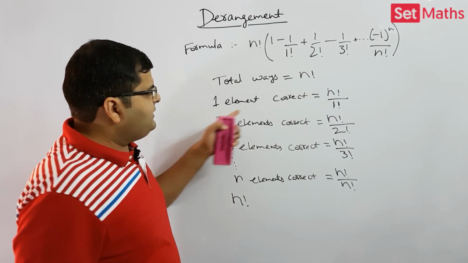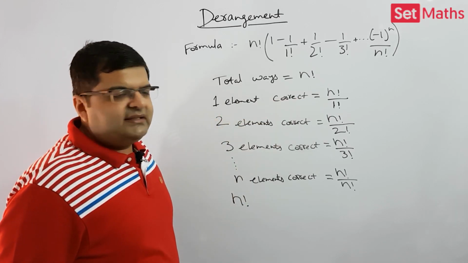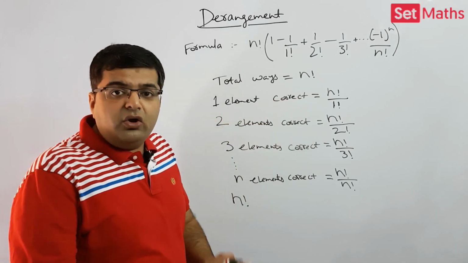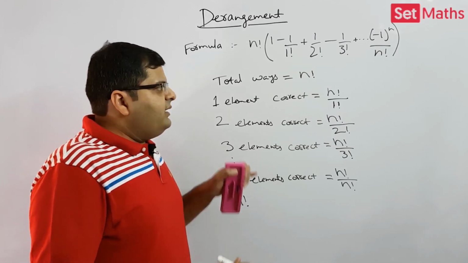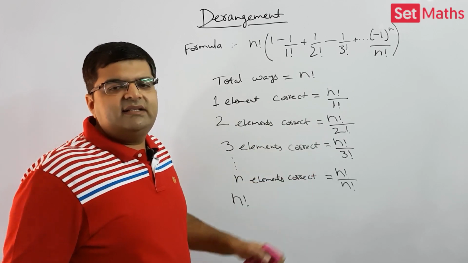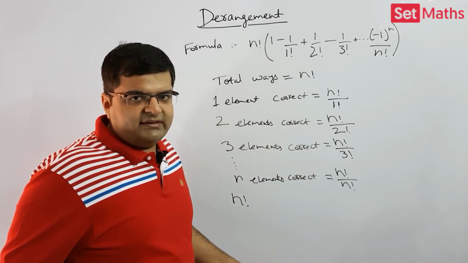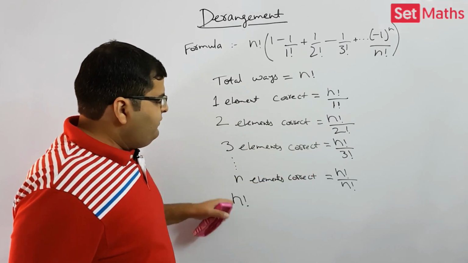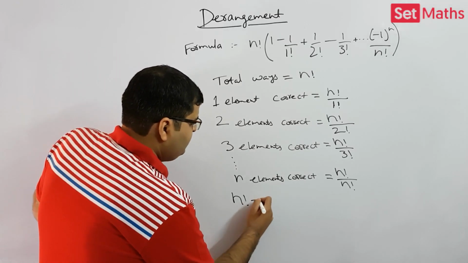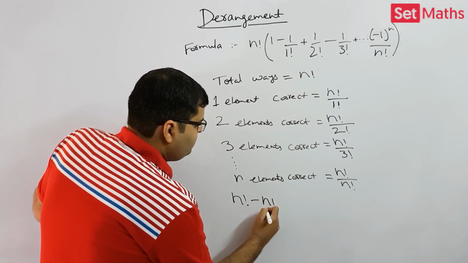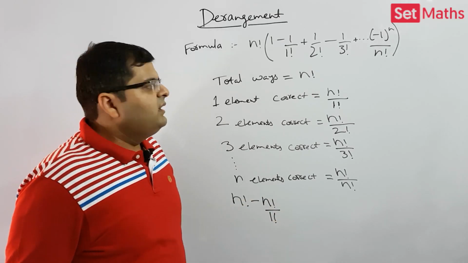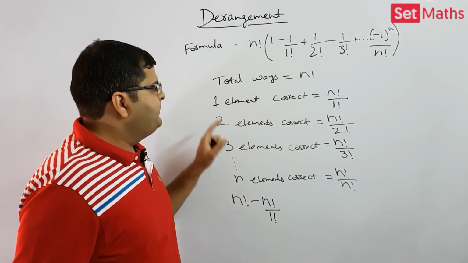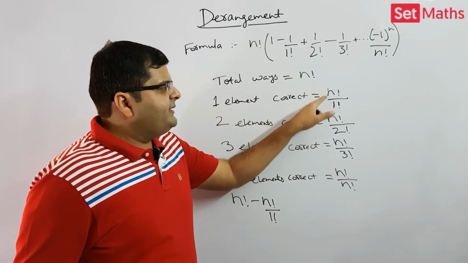Now I deduct the cases wherein one element is at the correct place, because in derangement no element is at the correct place, and the total ways include cases wherein one element is at the correct place. So n factorial, then I will subtract n factorial upon 1 factorial.